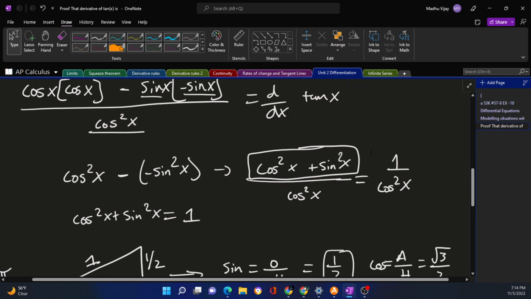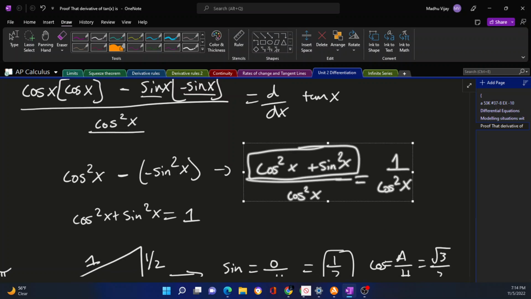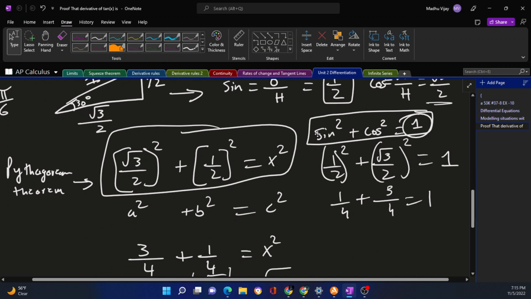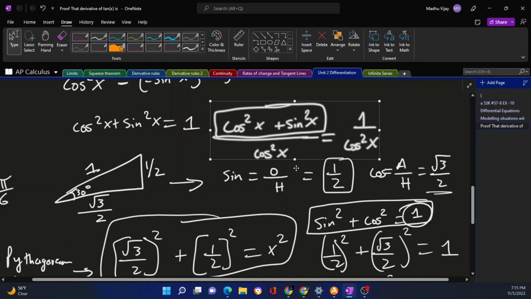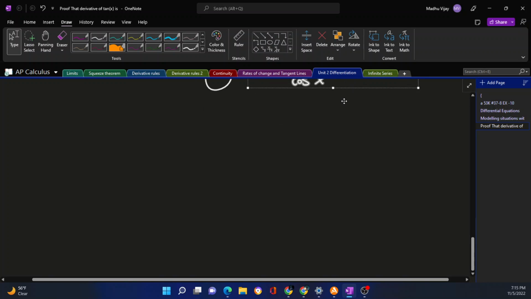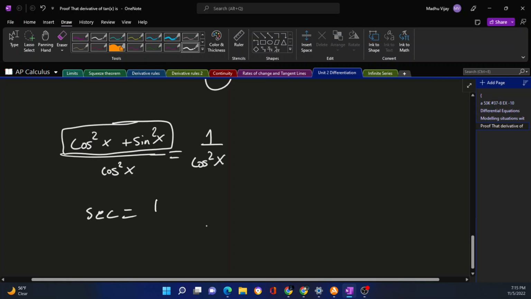Now, I'm just going to move this to the bottom. So, also we know that secant is equal to 1 over cosine. It's just the reciprocal identity.